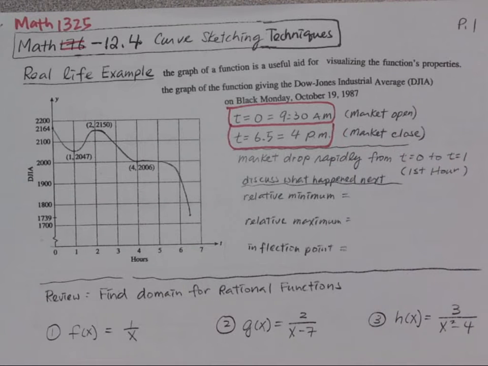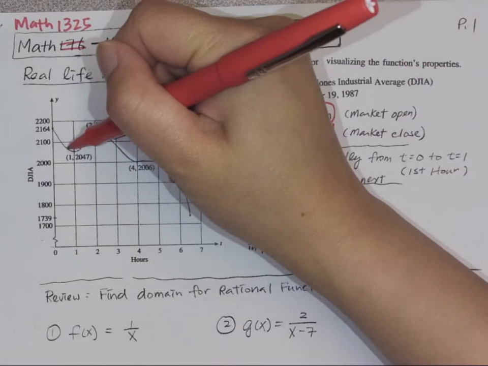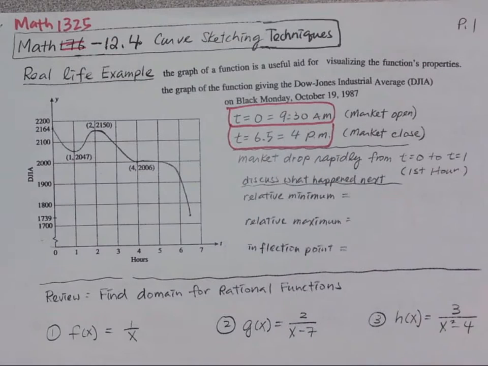So we can see the market drop rapidly between time 0 and time 1, which is the first hour.